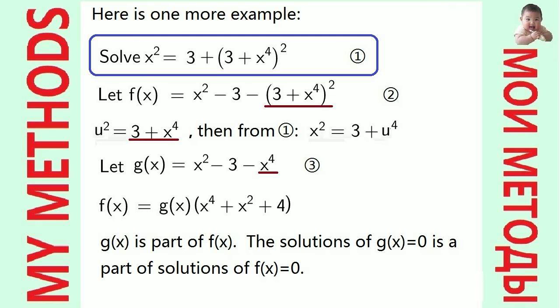Then we can suppose f(x) equals g(x) multiplied by something. So we can solve f(x) equals 0 first of all by solving g(x) equals 0.